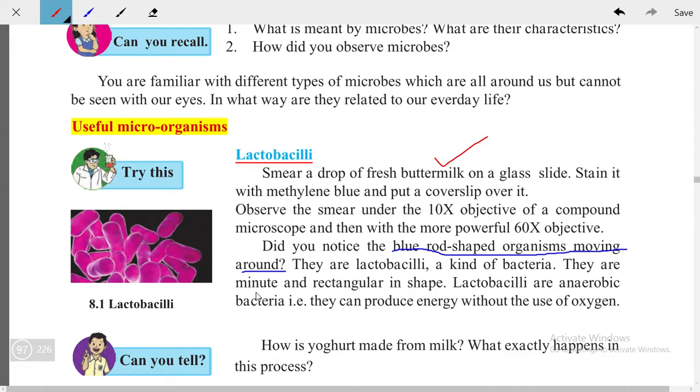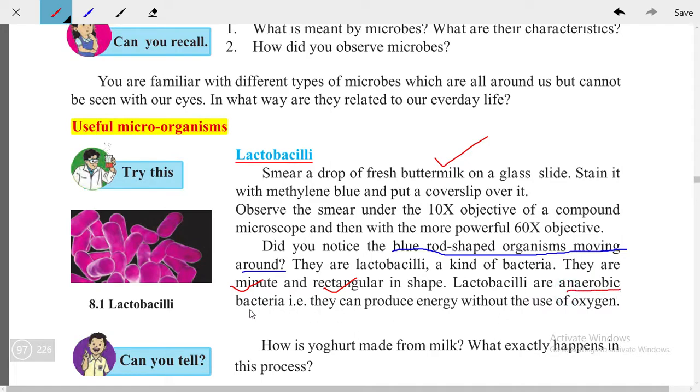They are minute, rectangular in shape. Lactobacilli are anaerobic bacteria, means विनाऑक्सिजन श्वसन करणारे जीवाणू.